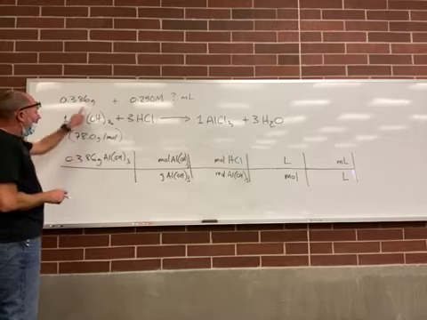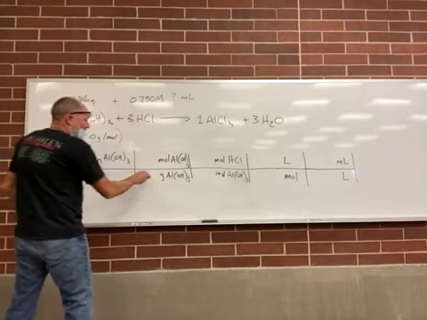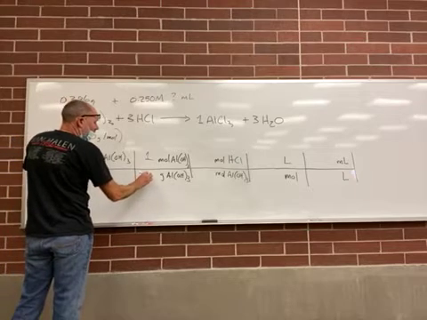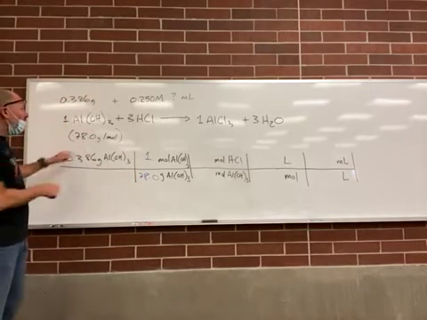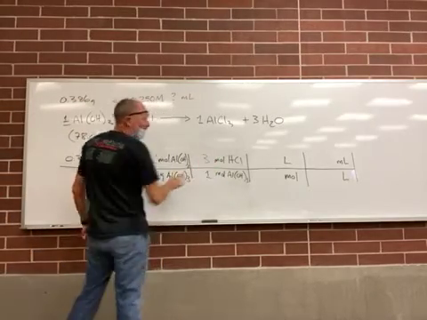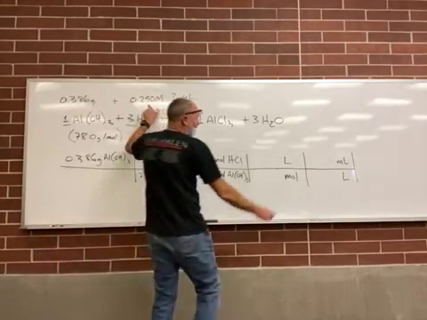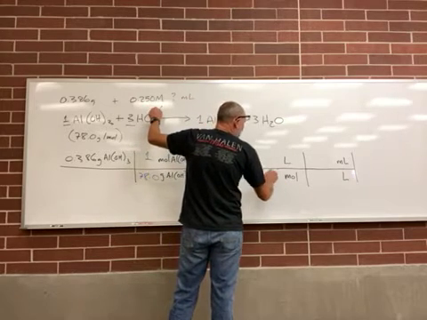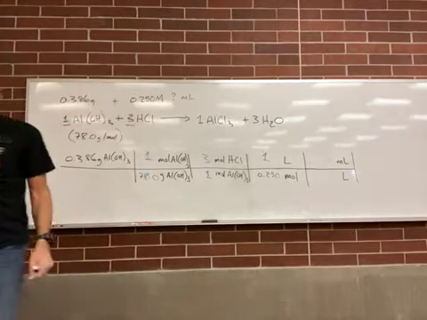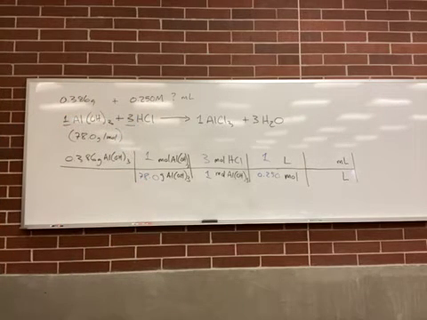So I know 0.386, so that's been given. What's the 1 mole of aluminum hydroxide? Weighs 78.0 grams. My stoichiometry is a 1 to 3. Okay? My molarity is 0.250 per 1 liter. Does that make sense? It's the molarity, moles per liter.